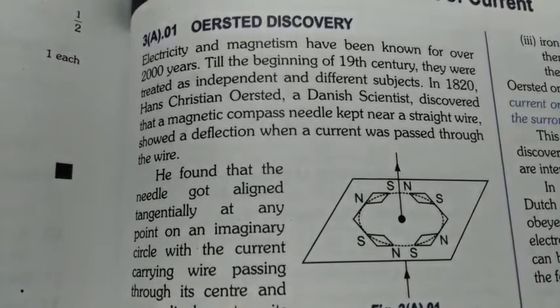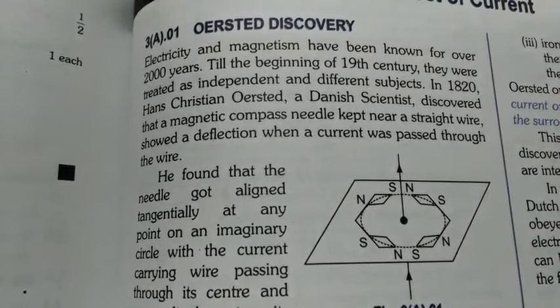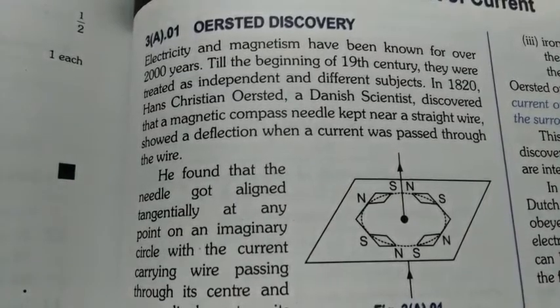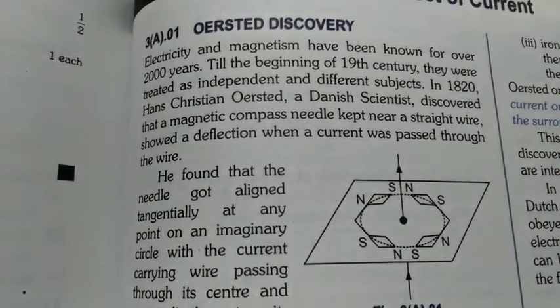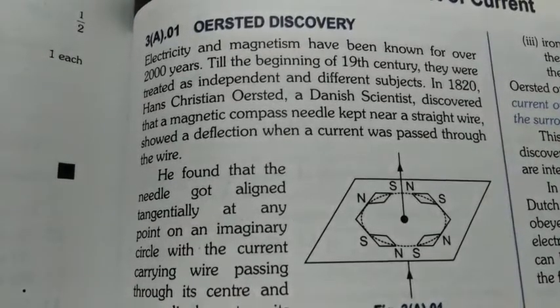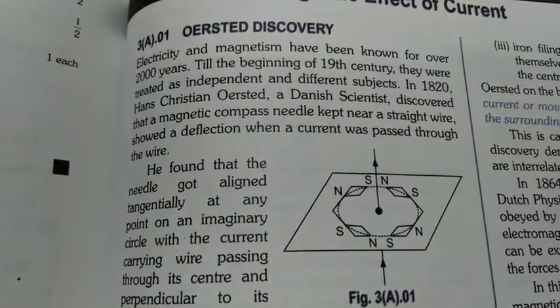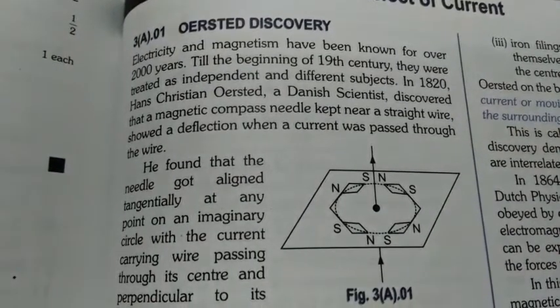So by this observation, what can we conclude? When current was not flowing in the wire, there was no magnetic field. As the current starts flowing, the magnetic field is produced, and that's why we can see the deflection in the compass.